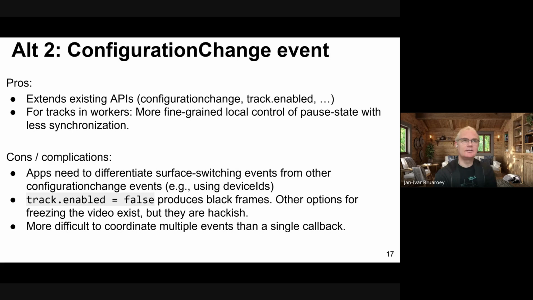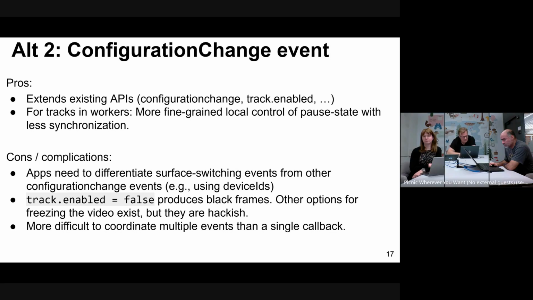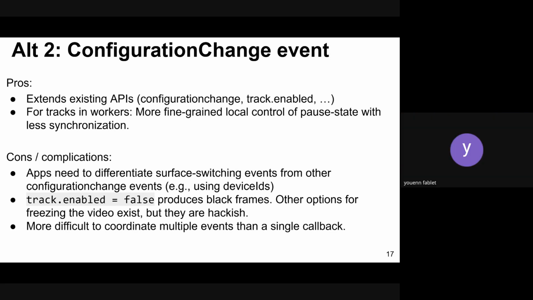Sorry, I do think we need to have the device ID discussion, because device ID is really about whether we consider the ultimate source, in the sense of the source switching, as part of the settings of the track or not. Because right now it isn't. If you have a surface switching from a window to another window, the label is changing, so you could fire the configuration change.